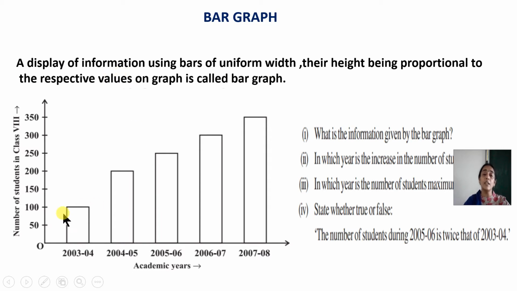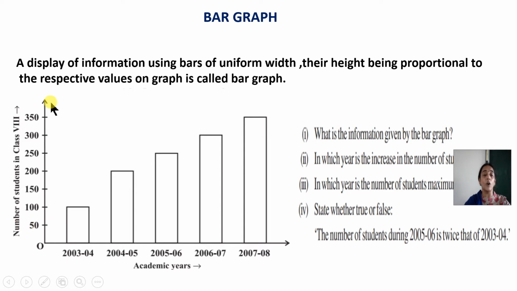That means the information which we represent using bars of uniform width, and their height is proportional, that means height is according to their respective values. Now here, the number of students in class 8 is represented on the y-axis.